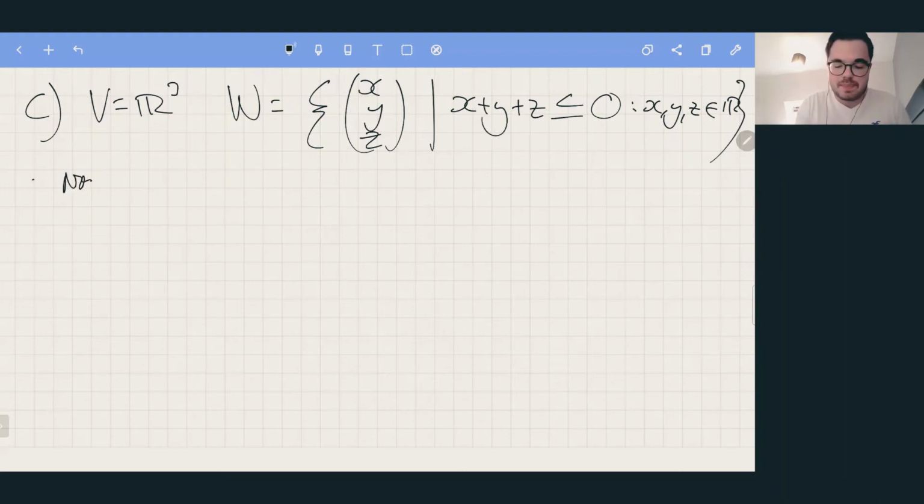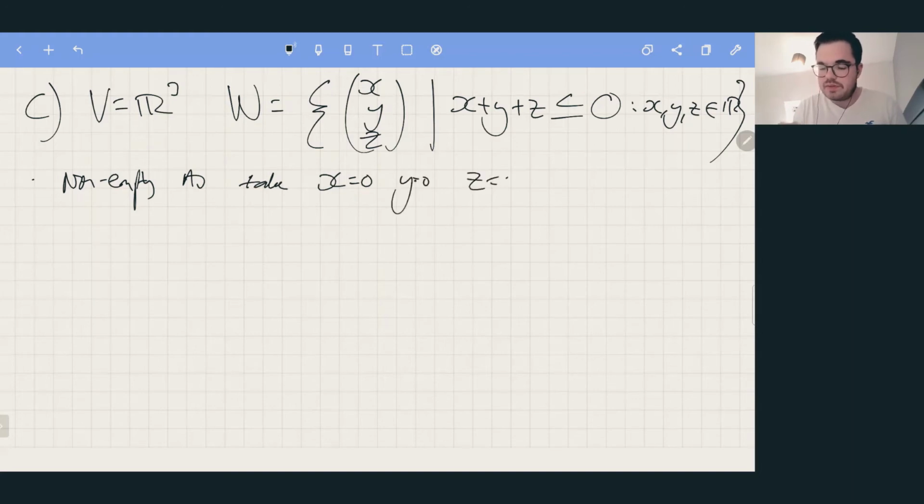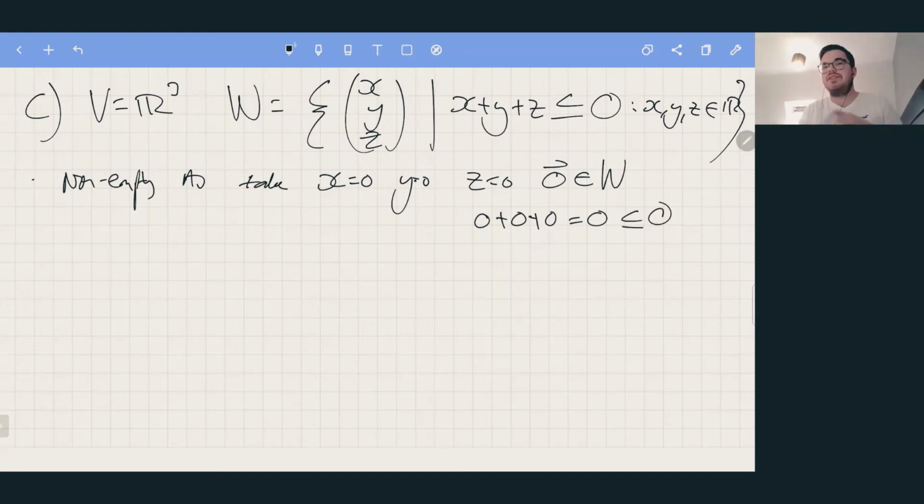It's not empty, as if we take x equals 0, y equals 0, and z equals 0, we'll get the fact that the zero vector is in W. And why is the zero vector in W? Well, it also satisfies this x plus y plus z, right? Because 0 plus 0 plus 0 is equal to 0. So this inequality is satisfied. So the zero vector is in W. So W is not the empty set.